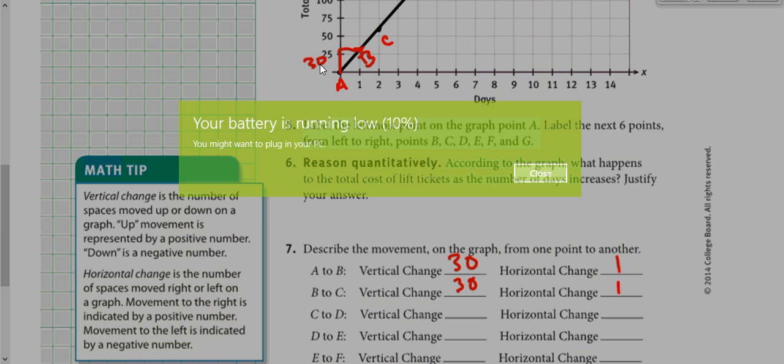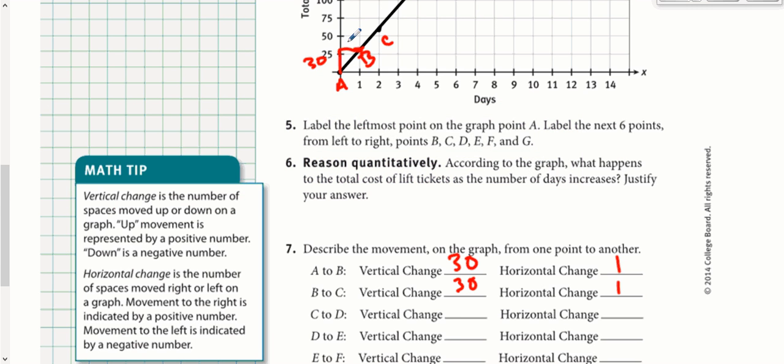So we could label it 30 over 1. And then from B to C, up from 30 to 60, that's 30, and over 1 more ticket, 1 more day. So we're showing that constant rate of change.